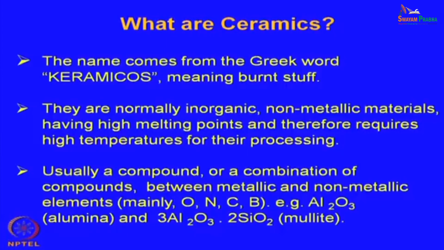It is a compound of aluminum and oxygen. Another example of ceramics is a combination of two oxides, like aluminum oxide and silica or silicon dioxide in a particular ratio 3:2, and that particular compound is called mullite.